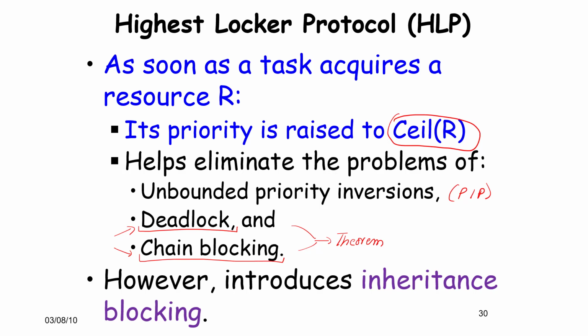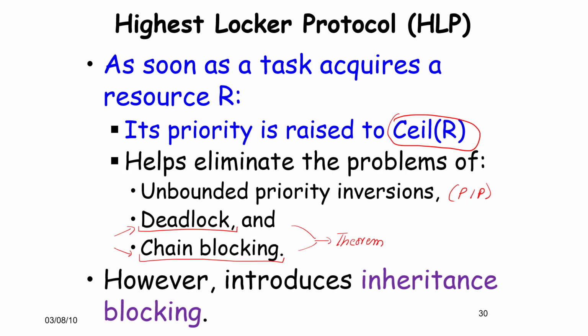The only real problem with the HLP protocol, which is why it is not used in practical settings to that extent, is that it introduces inheritance blocking, which is something that we have seen in PIP also. The idea here is that again we boost the priority of a task.